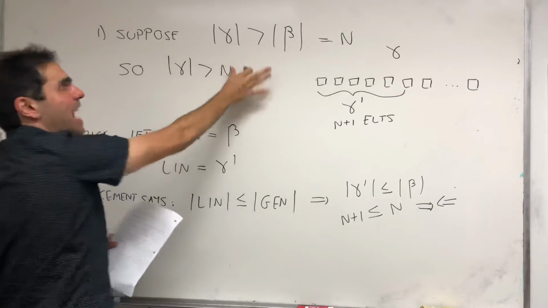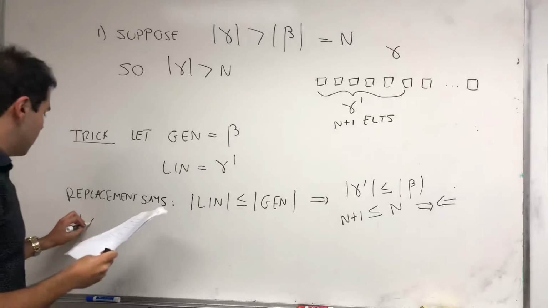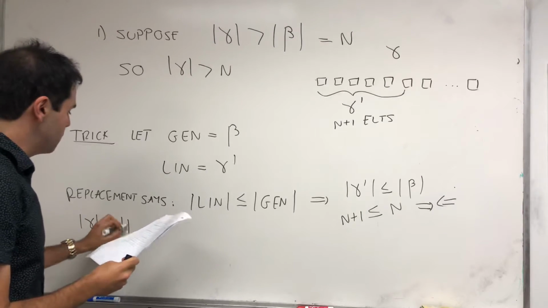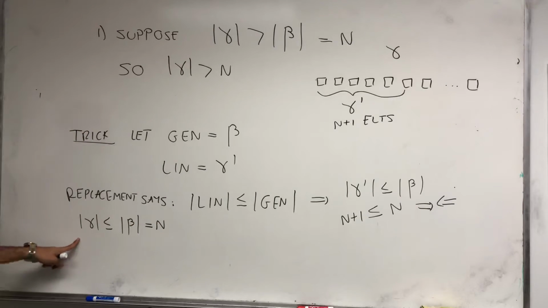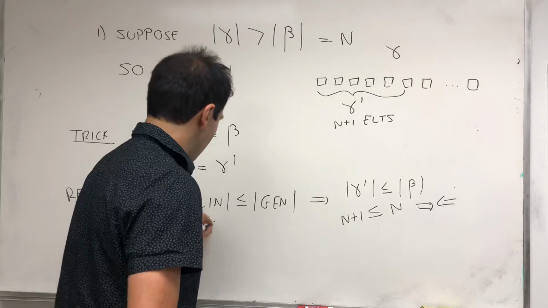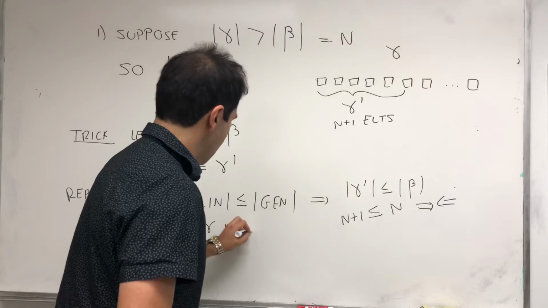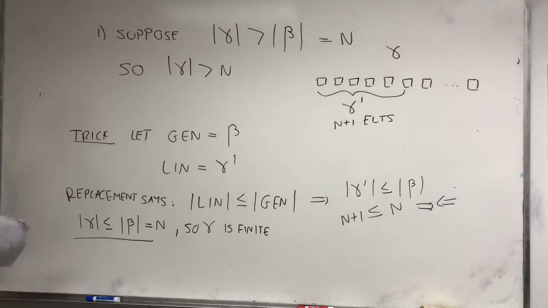So gamma cannot be bigger than beta. So gamma is less than or equal to beta, which is n. Which is really cool. In particular, gamma has to be finite. Not only is it less than or equal to beta, but it's also finite.